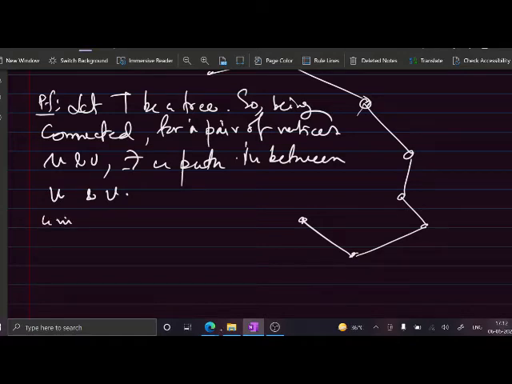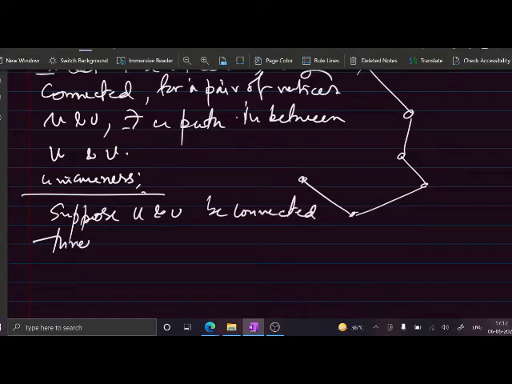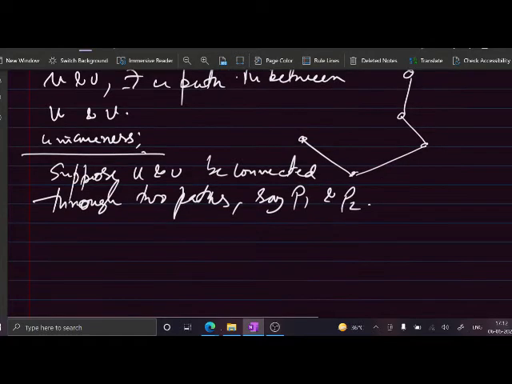The uniqueness part is very easy to check, because suppose u and v are connected through two paths, say P1 and P2.